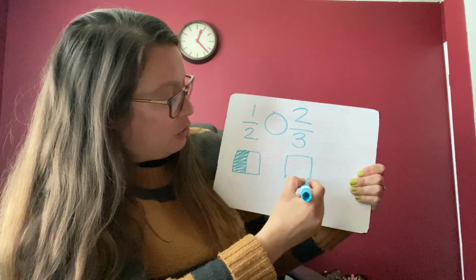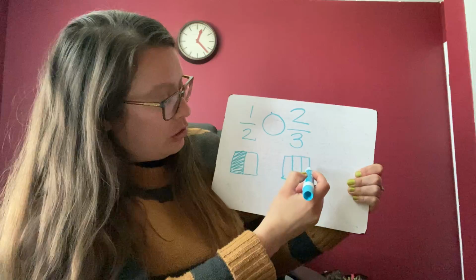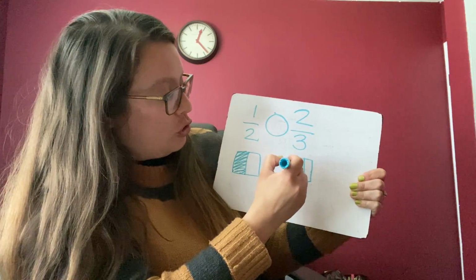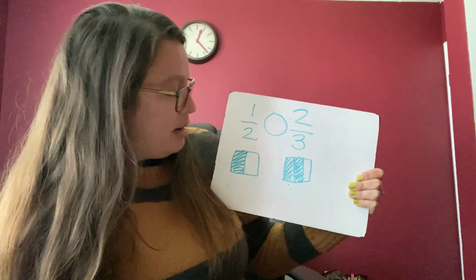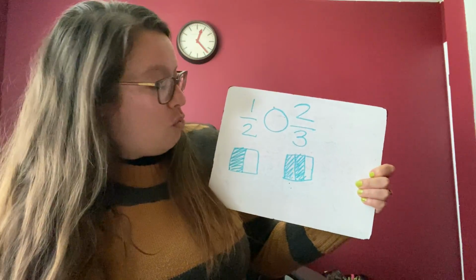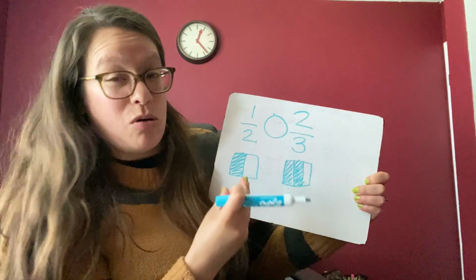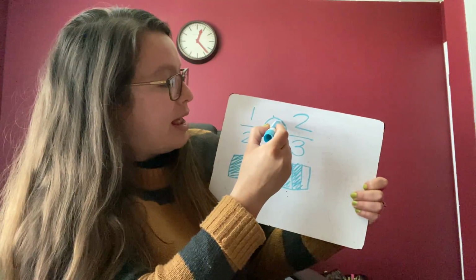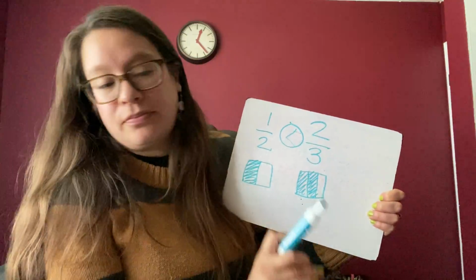Now it has to be the same square, right? But now this one's broken up into 3, 1, 2, 3. And there's 2 of them shaded. That means 1/2 compared to this one is actually a smaller piece, right? So 1/2 is less than 2/3.